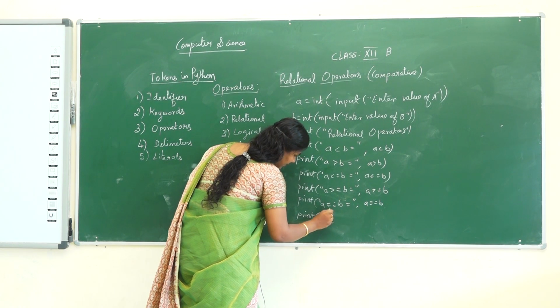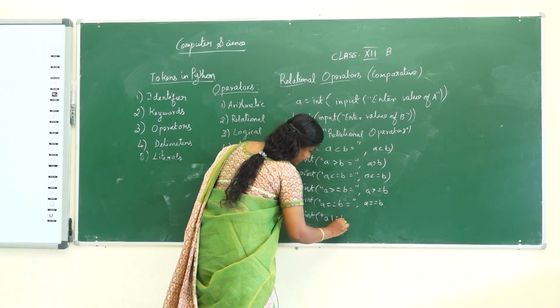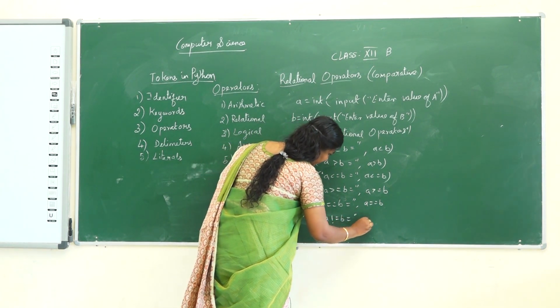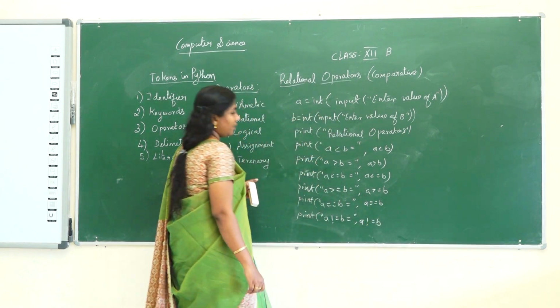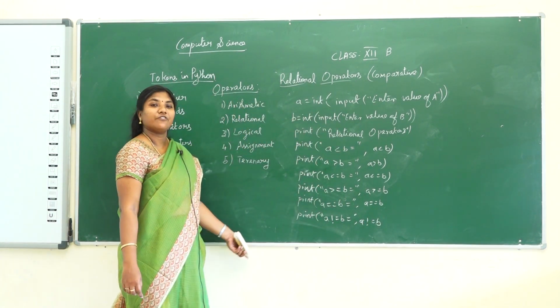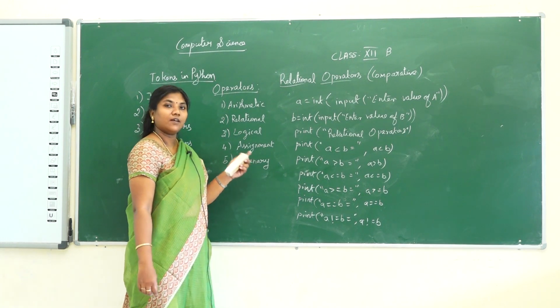So you use the exclamation symbol and the equal to symbol. Okay, so this is a program for relational operators or comparative operators.